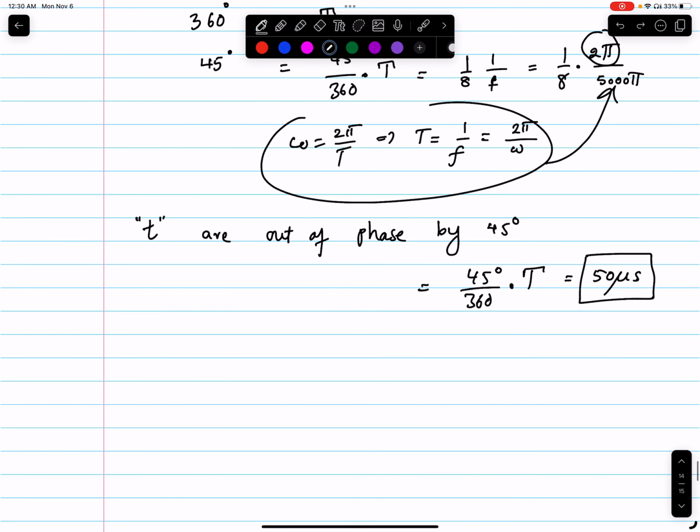Therefore, we can do the simple math to see that the voltage and current are out of phase by 50 microseconds.